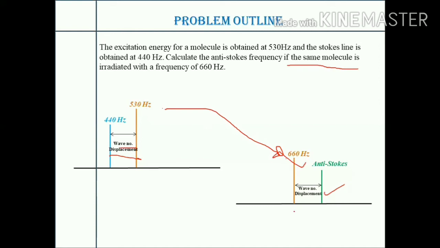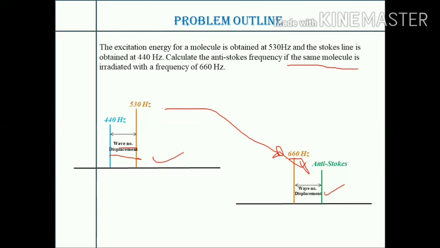This is the Rayleigh scattering frequency. Now I need to calculate the anti-Stokes frequency. I know the wave number displacement value from the previous part of the question, and I know the value of the Rayleigh scattering. So it's very simple.